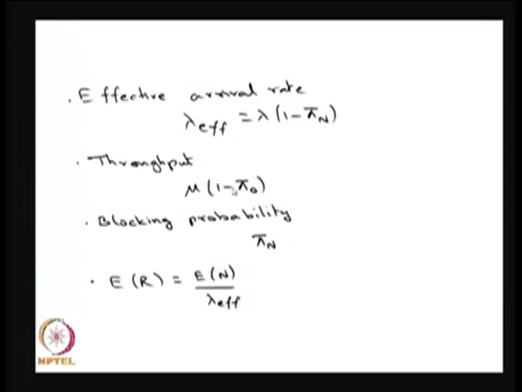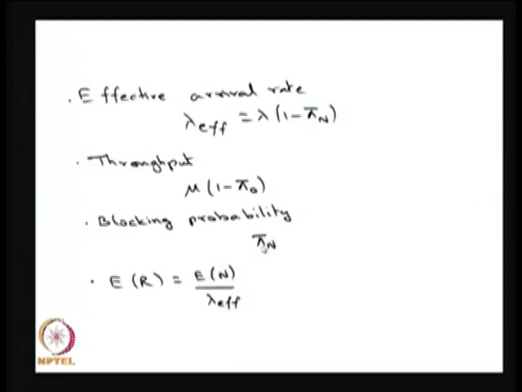Whenever the system is not empty, that probability multiplied by mu is going to be the throughput. By using the time reversible equation, mu times (1 minus pi naught) you can get in terms of lambda effective also, but the throughput is the service rate multiplied by the probability that the system is not empty.